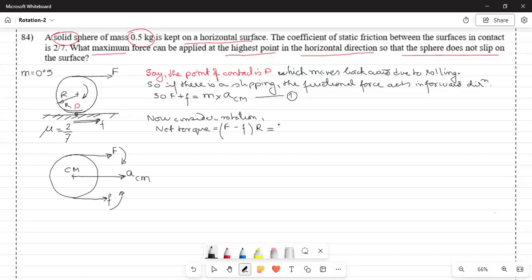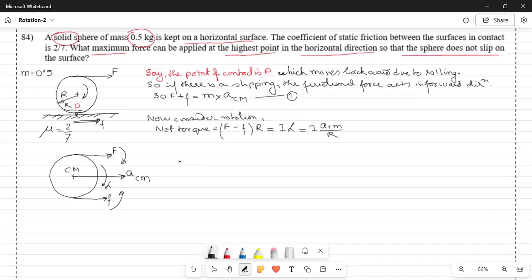This also has to be equal to moment of inertia I into alpha, where alpha is the angular acceleration, and linear acceleration is ACM. Alpha is equal to ACM by R.